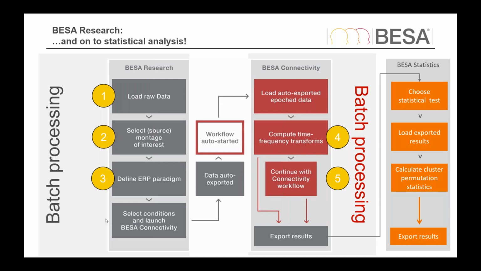I can prepare all the data in the batch for connectivity, save all this data, export all the data epochs for connectivity, and then continue the batch processing through Blazar Connectivity, and also export the data, for example, for a final look at Blazar Connectivity.